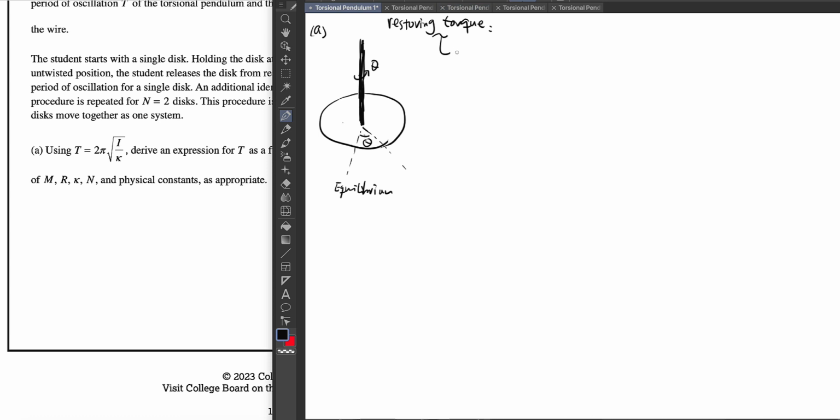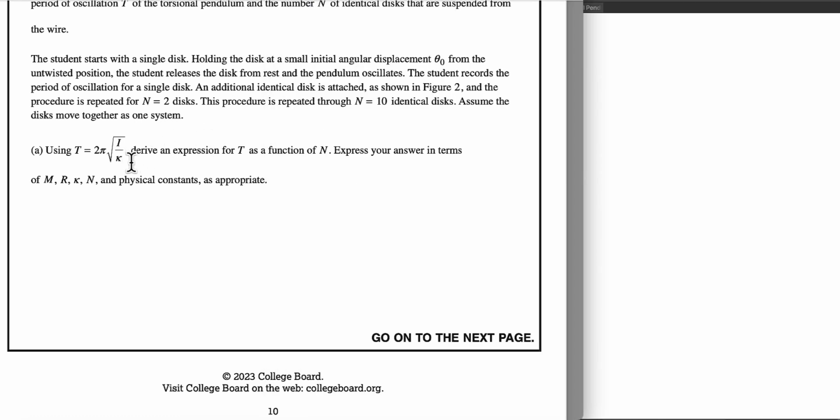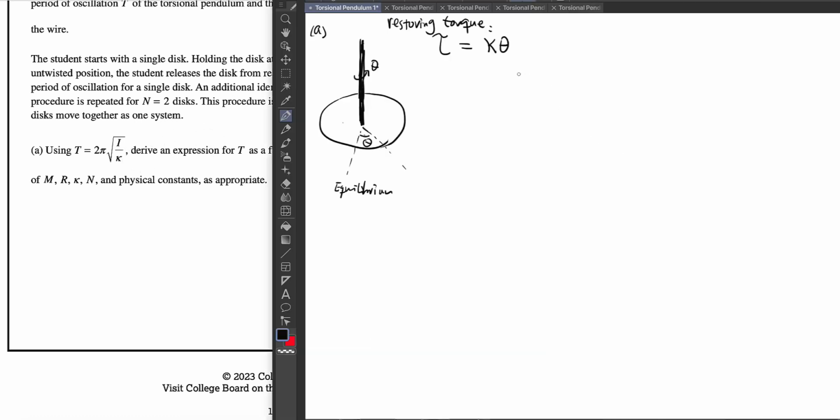Okay, so the torque here is proportional to theta by a constant called kappa. That's the kappa given in the question. And when we write down Newton's second law for rotation, the torque here is trying to reduce the angle theta here. So the direction here now is negative.